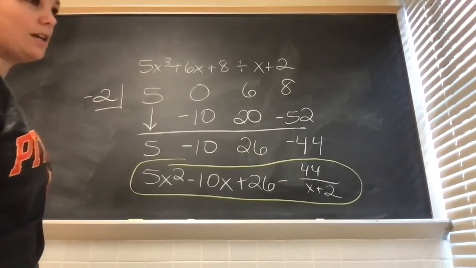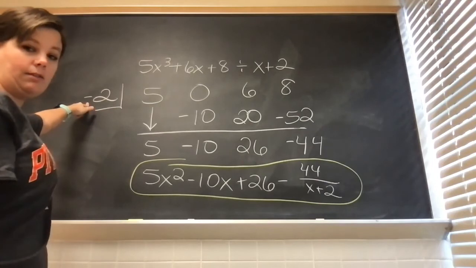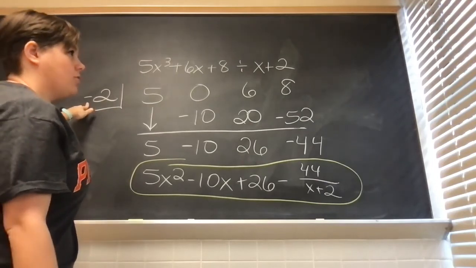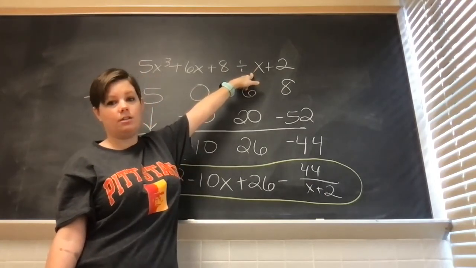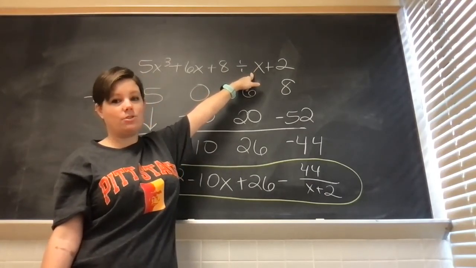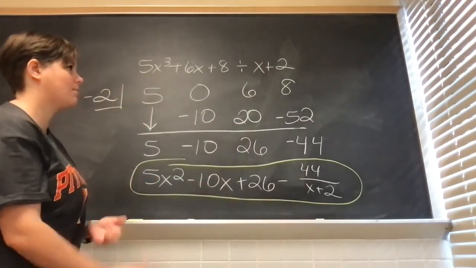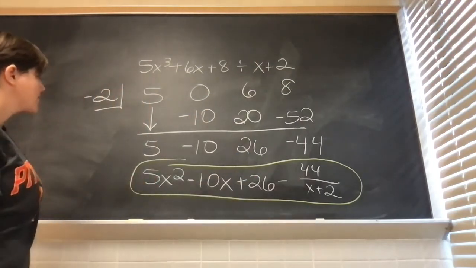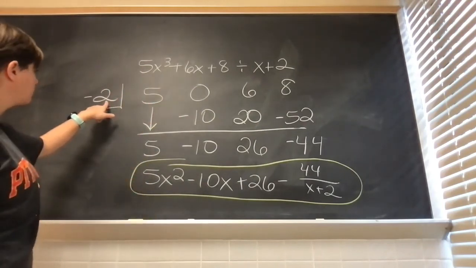The big thing with synthetic division is making sure you remember to flip the sign out here. And synthetic division only works if our leading coefficient here is a 1. We can't do this if it says 3x plus 2. So that has to be an x plus 2, or an x plus whatever, or minus whatever.